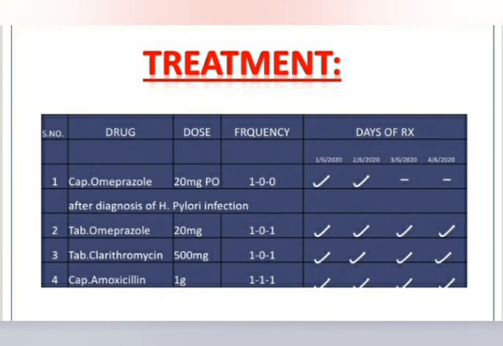Next, you need to mention the treatment chart, what was given in the hospital. Okay, so first, the capsule omeprazole was given 20 mg. PO is nothing but the oral route, and the frequency was once a day. That means it was given in the morning.